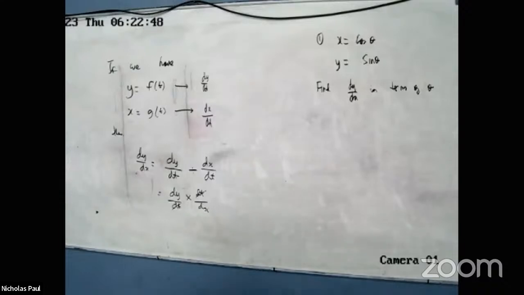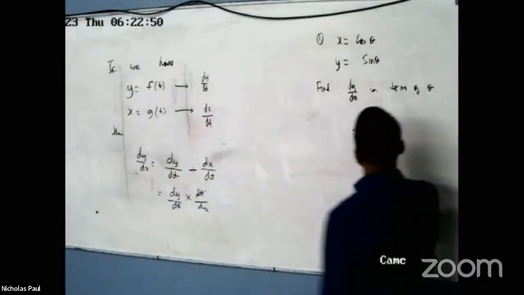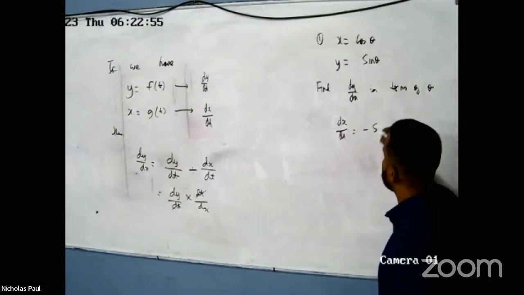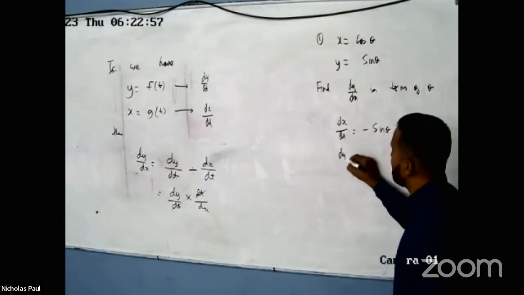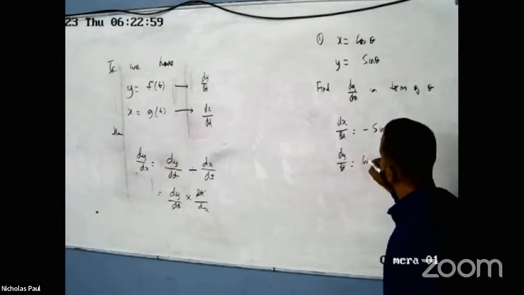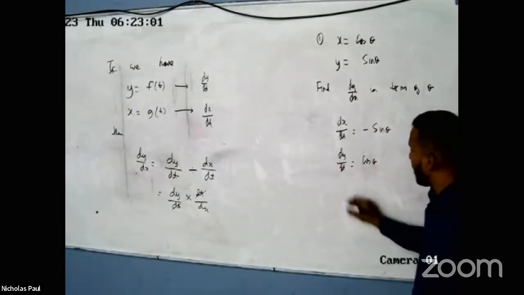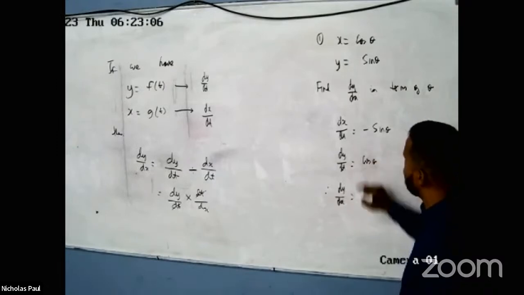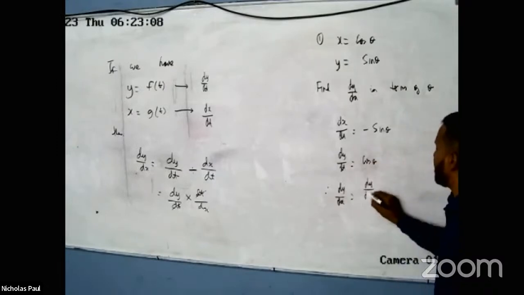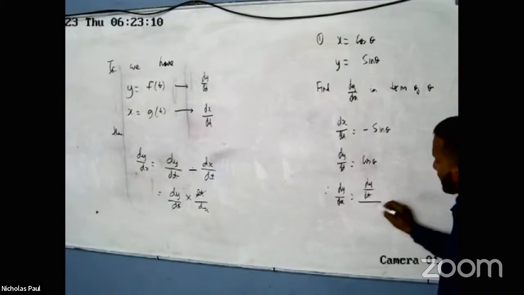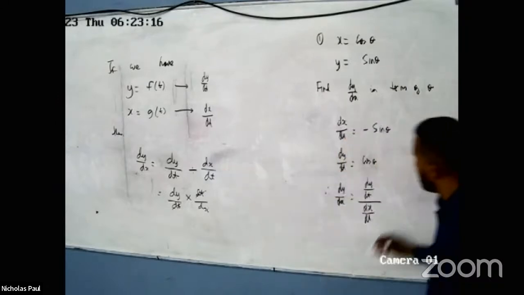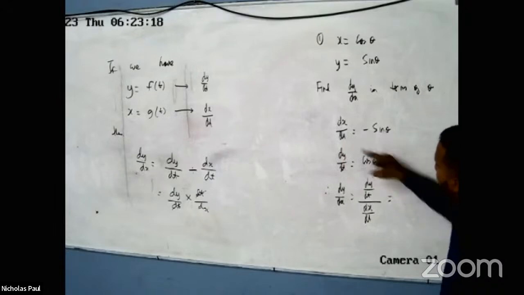Right, so you should have something like this. dx/dt is equal to minus sin theta, dy/dt is equal to cos theta. So dy/dx is equal to dy/dt divided by dx/dt. Sorry, I made a mistake.